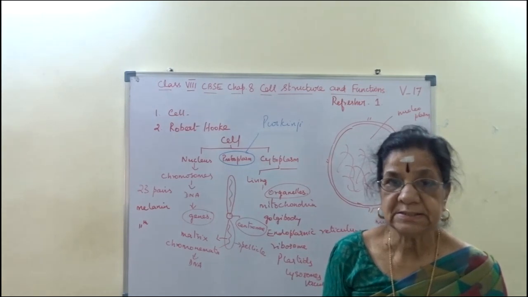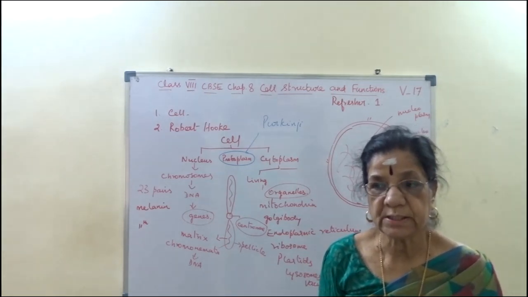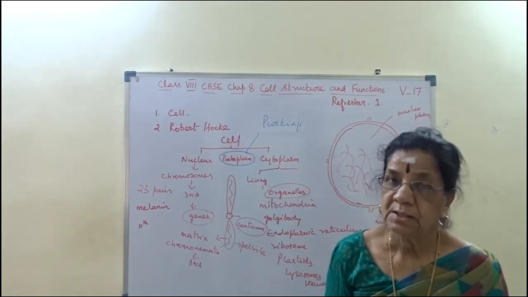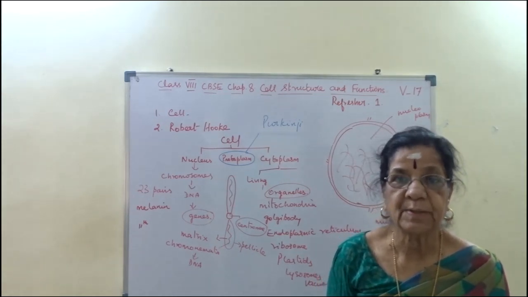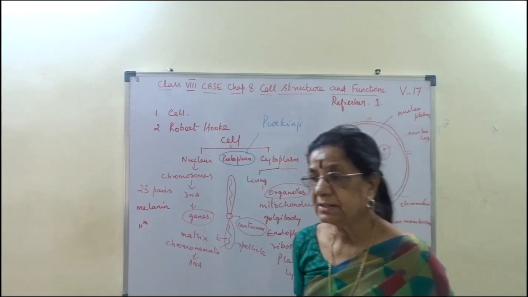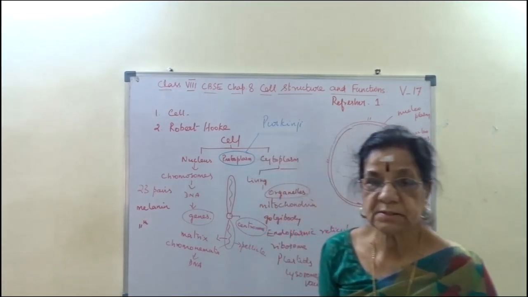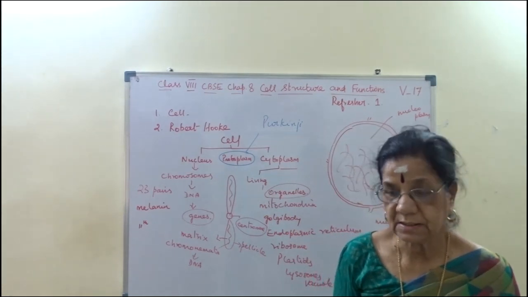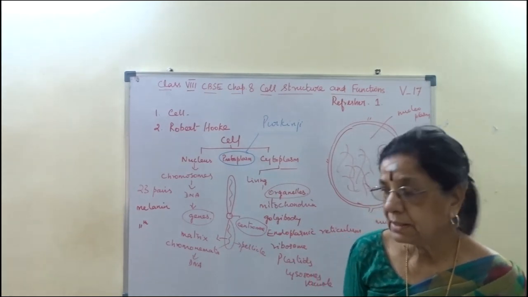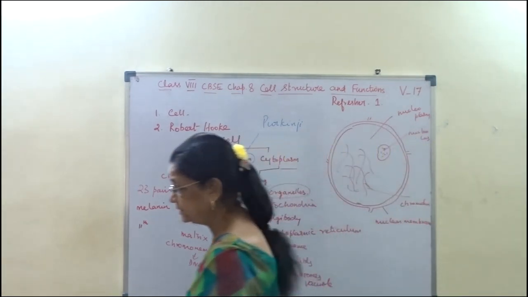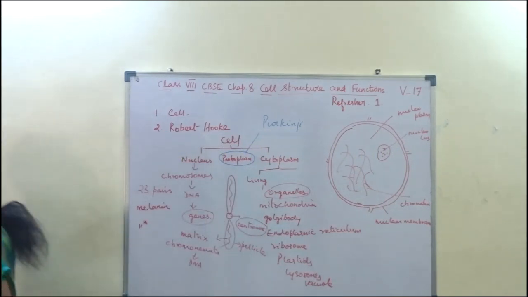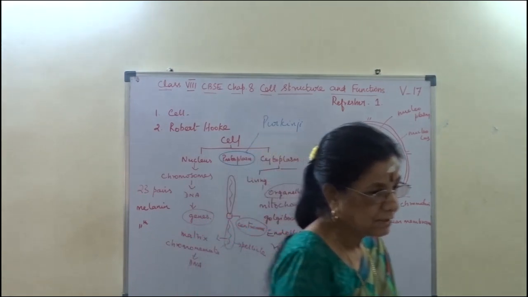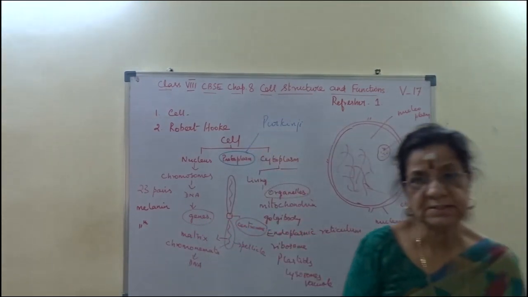Examples are single-celled unicellular organisms, amoeba, paramecium, and in plants it is bacteria. Whereas the eukaryotic nucleus will have a well-defined nuclear membrane enclosing the nucleolus and nuclear plasm. I hope you understand. So this is the structure of the nucleus.